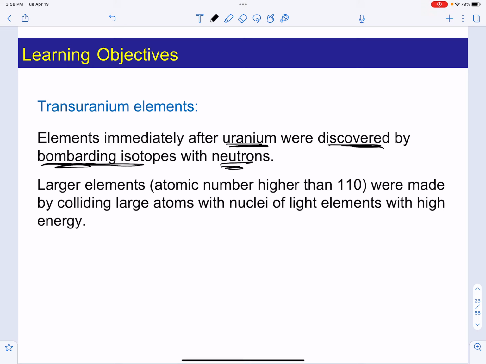So we created those elements after element 92, after uranium. Once we go past 110, those were definitely made by colliding atoms of one element with atoms of other elements, just to see what came out. And every so often we saw something new that had never been seen before by a human being.